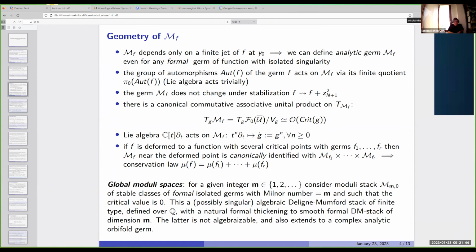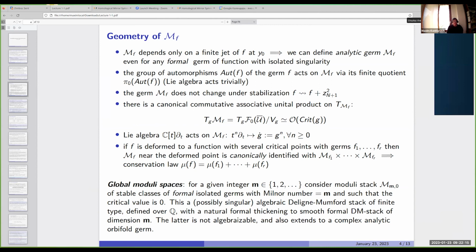And one can try to make from this some universal variety. For any positive integer m, consider the moduli stack of stable classes of formal isolated germs with Milnor number m, and such that the critical value is 0. This is a very important constraint. This is some finite dimensional gadget because it depends only on finitely many coefficients.